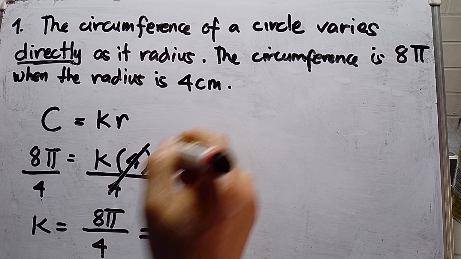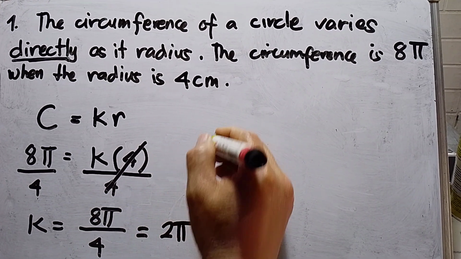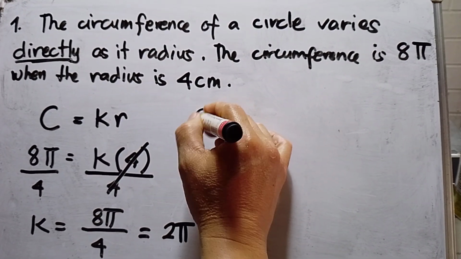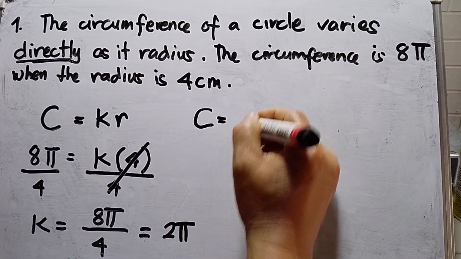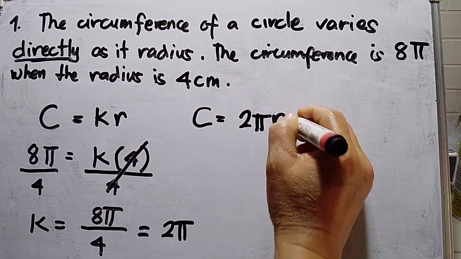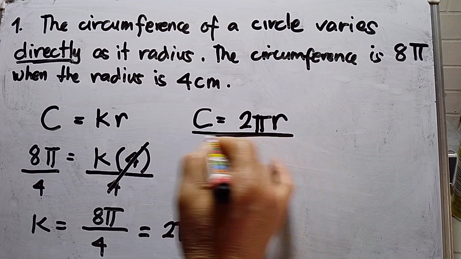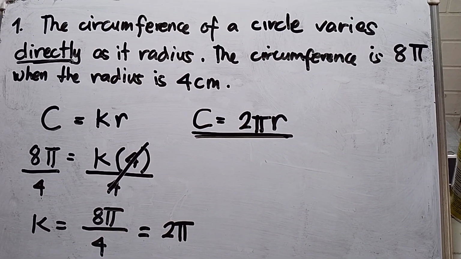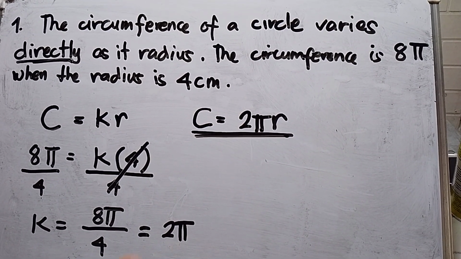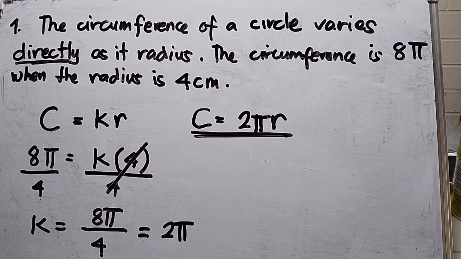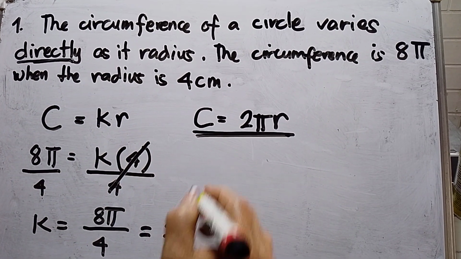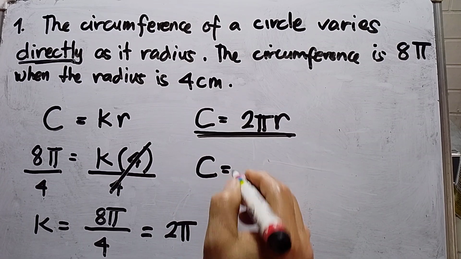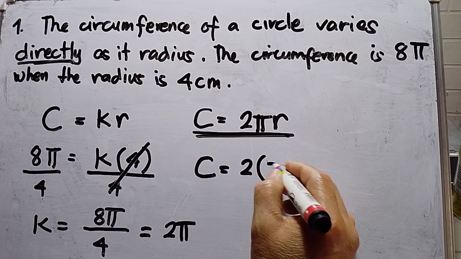So my equation for direct variation will be C is equal to 2 pi times r. So this is the formula of the circumference of a circle. But the question is, find the circumference when the radius is 4 centimeter. So C is equal to 2 times 3.14.